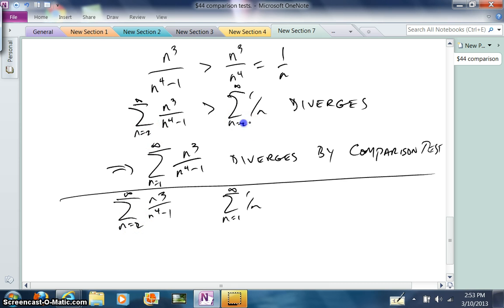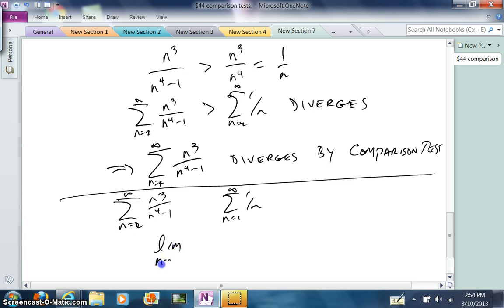We can say this is 2 as well, if you like. Okay, so let's do that limit, right? We just do the ratio of these two, and if we get something like a constant, then we must conclude that they both diverge because 1 over n diverges.